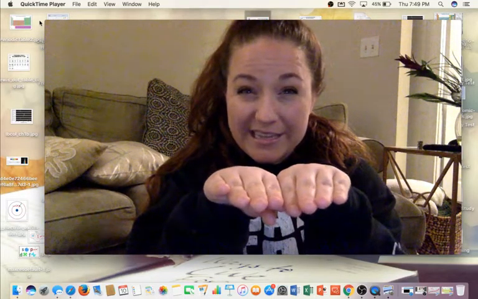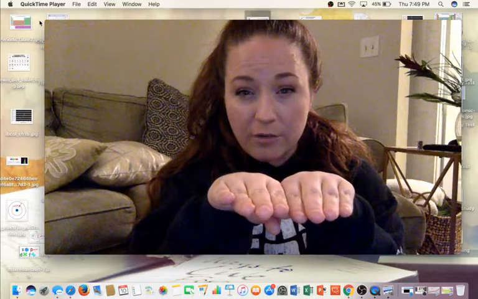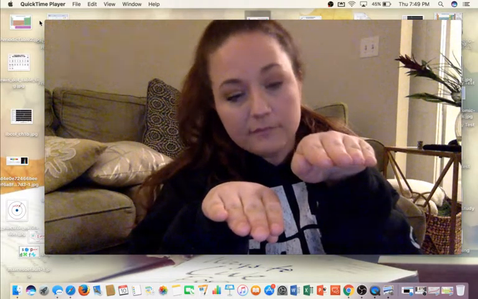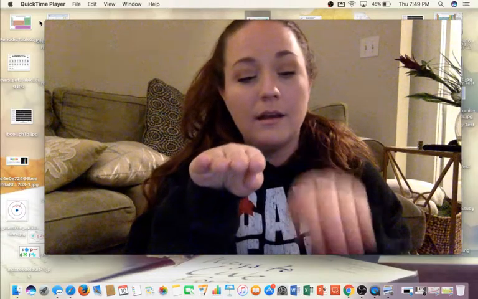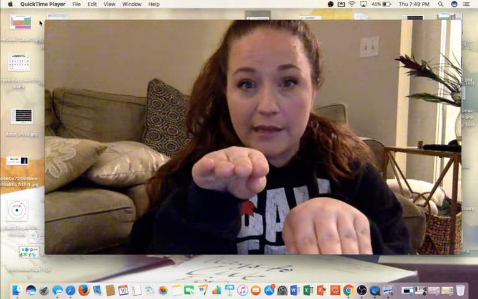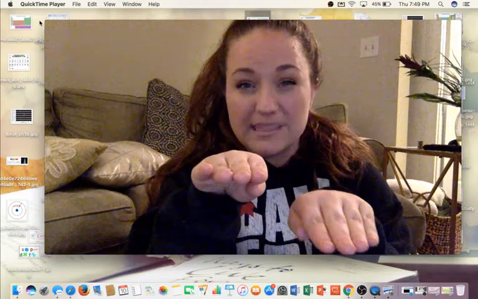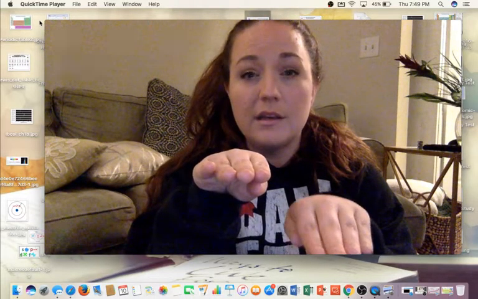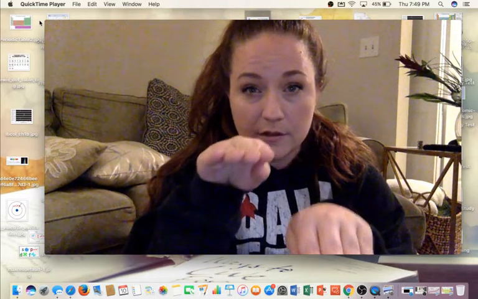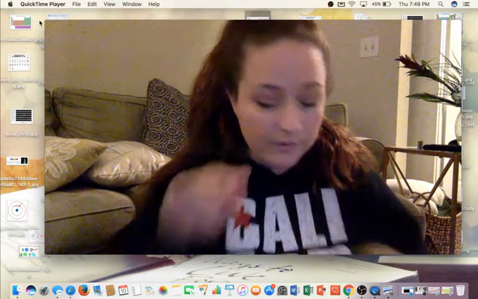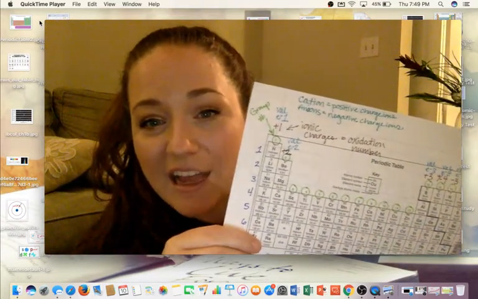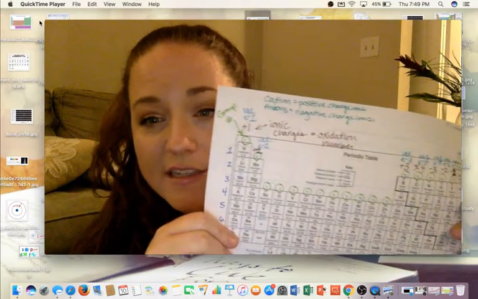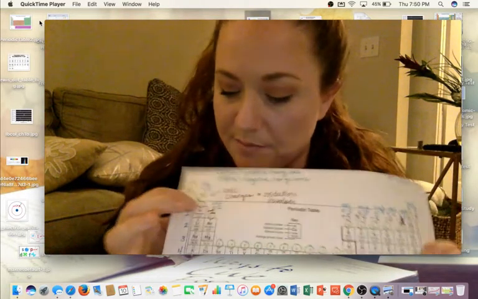But when he gives that electron away, he no longer has the same number. So there are more positives than negatives. That is why his ionic charge, his oxidation number, is a positive 1.